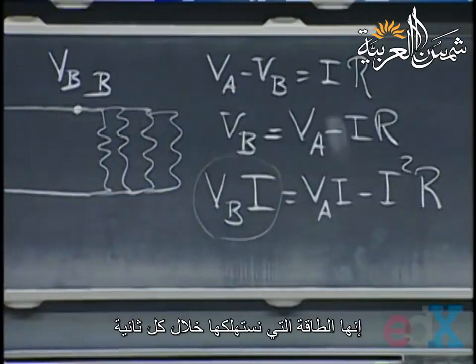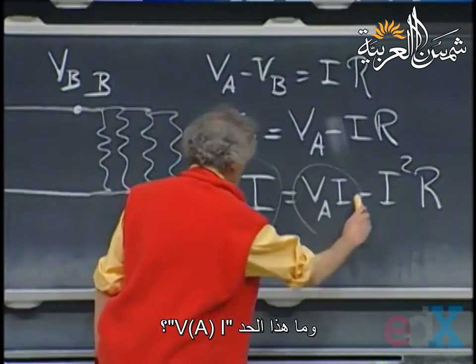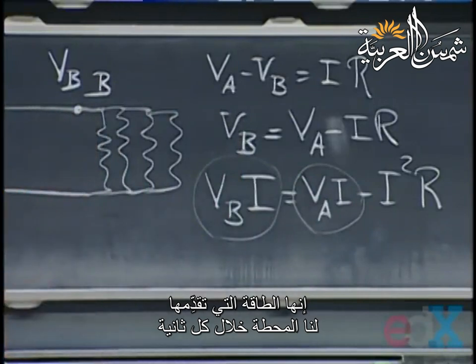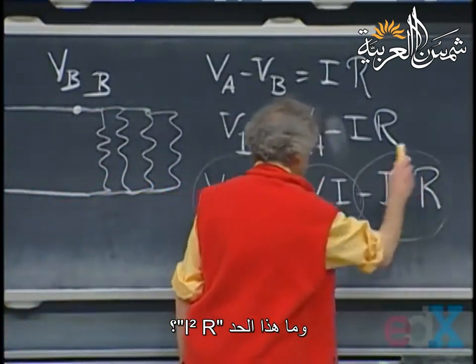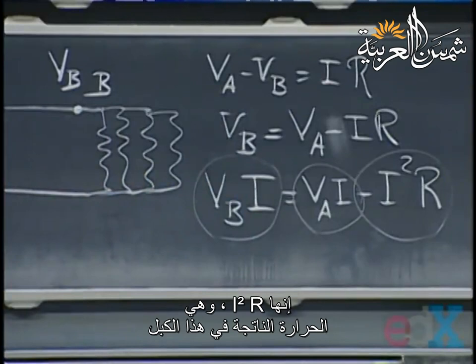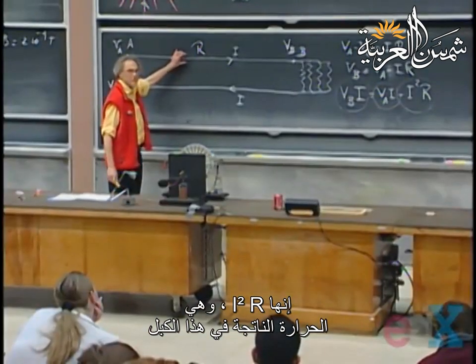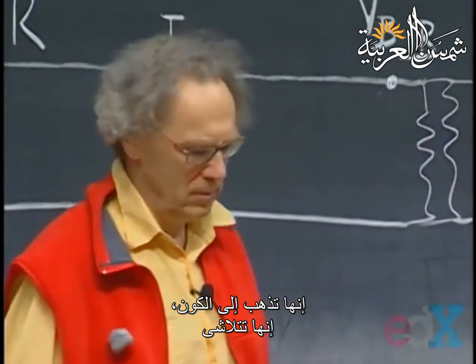This is the energy per second that we are consuming. What is this? This is the energy per second that the power station is delivering to us. What is this? That's lost energy. It's the I square R, it is the heat produced in this cable. It goes into the universe, it's gone.